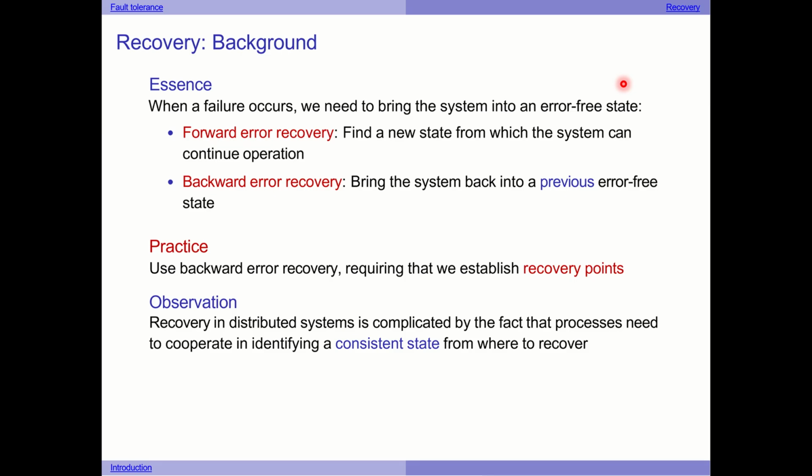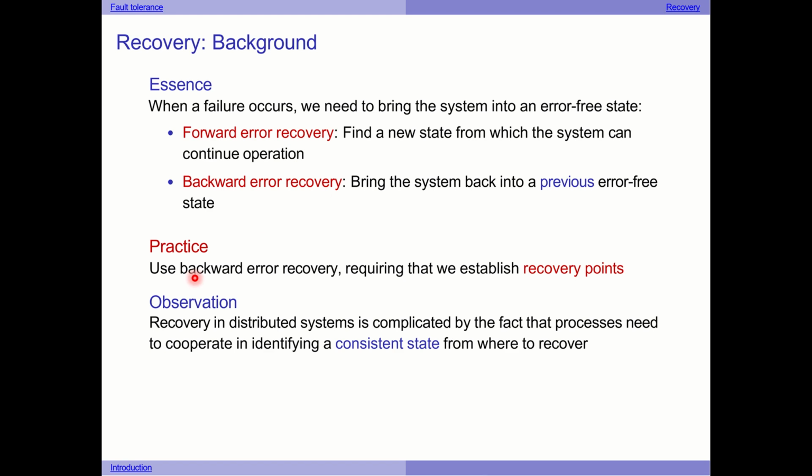So if there's an error, the system will roll back to the last safe version of the system. This is the most common recovery method in any distributed system.